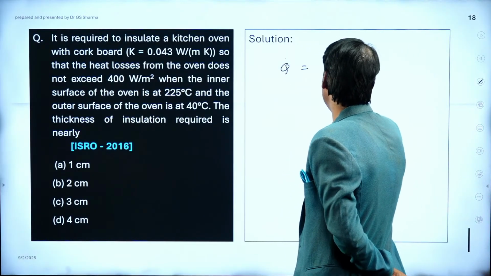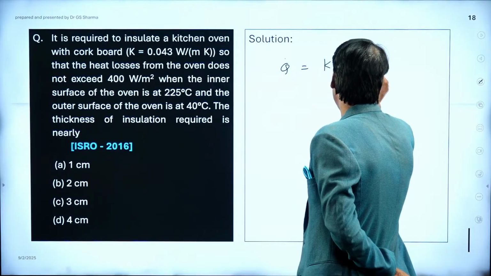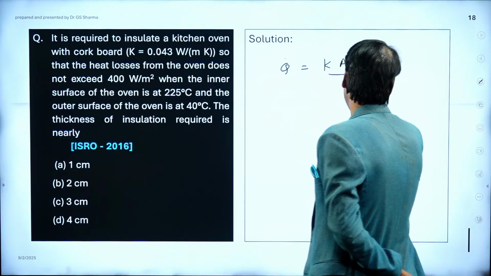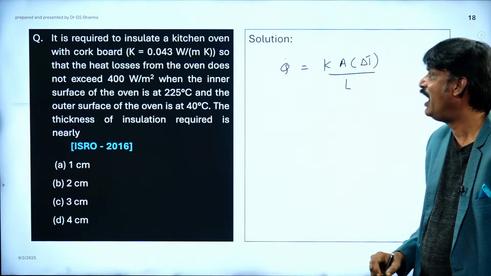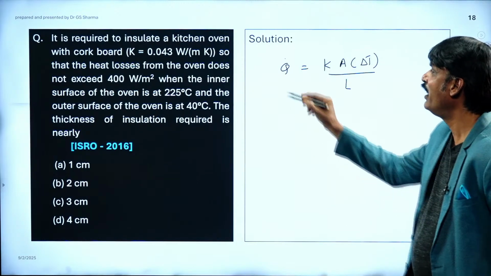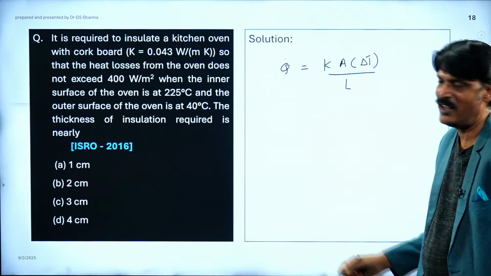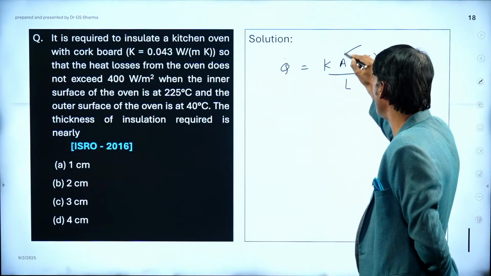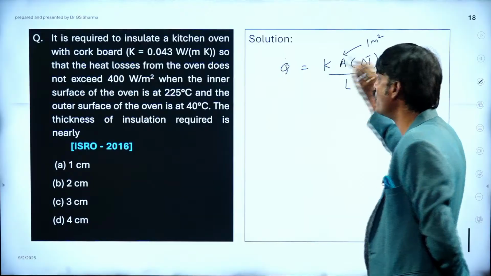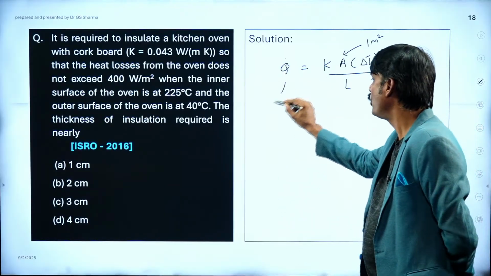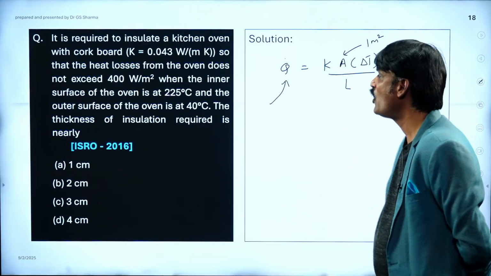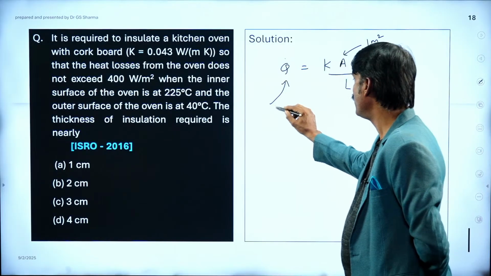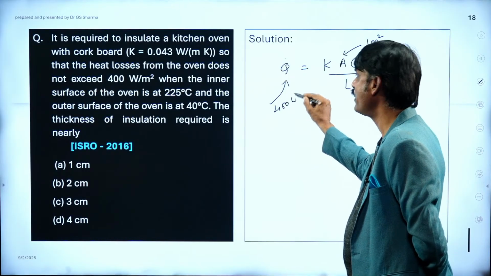Q dot is equal to KA delta T divided by L. And he has given clearly that heat loss should not exceed 400 watt per meter square. So area is 1 meter square. If you take it, this value Q dot comes out to be 400 watts.